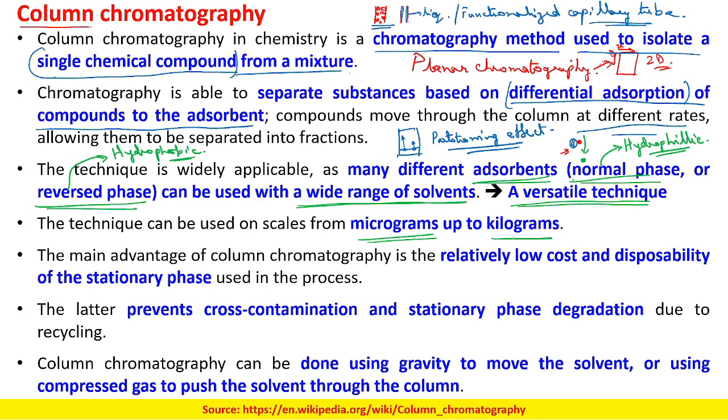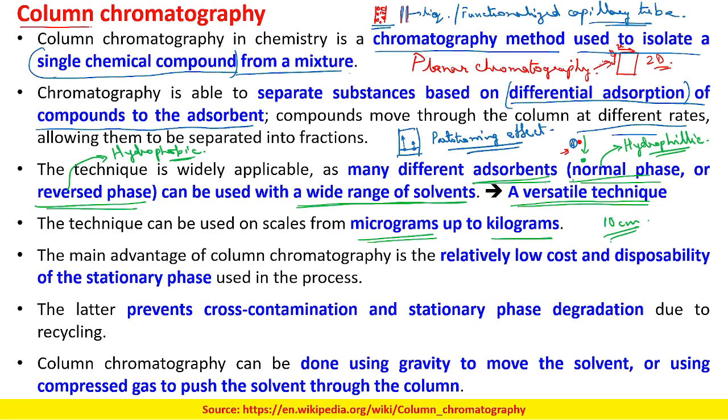In industry you will find very large columns, which are quite helpful in separating the analytes, whereas if you want to do the same thing at laboratory scale, you will have small columns. Small columns may start from, say, a 10 centimeter column.